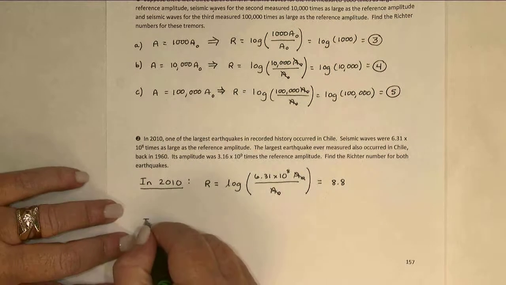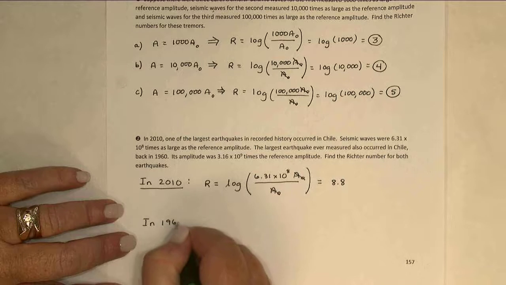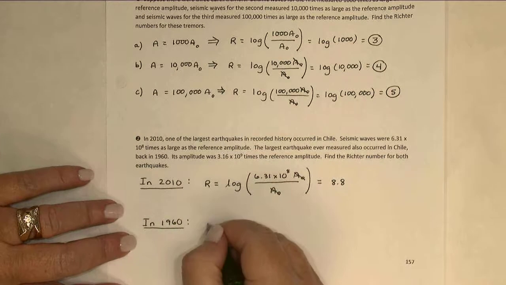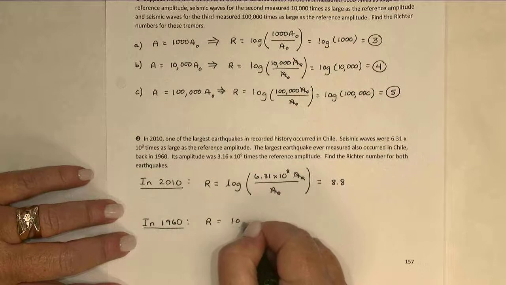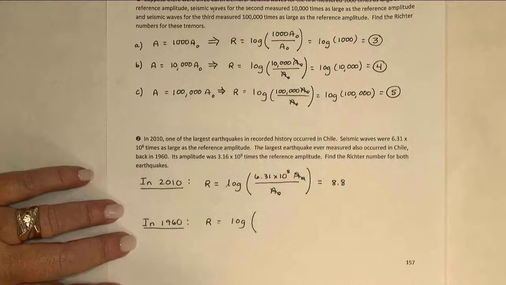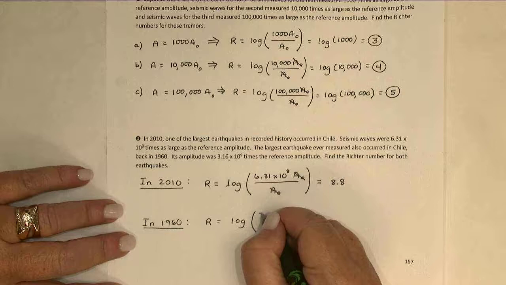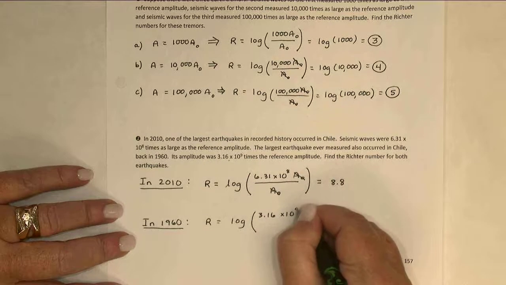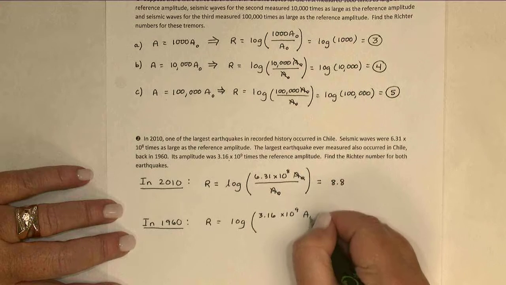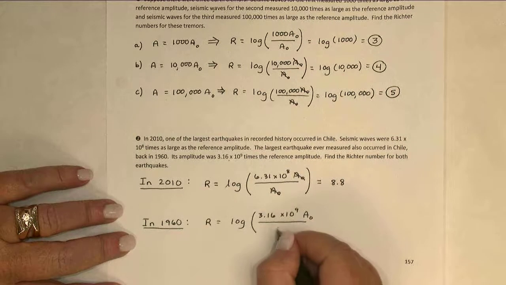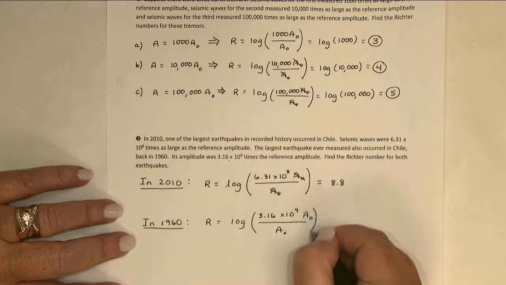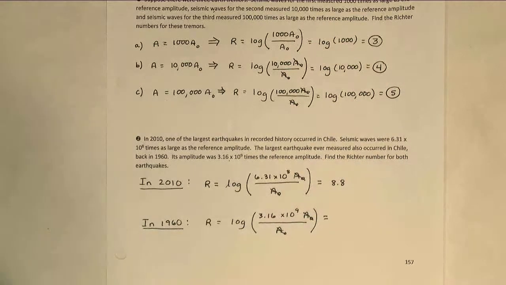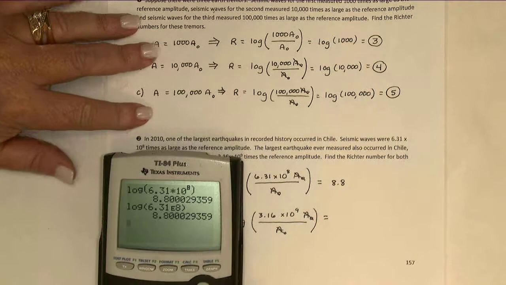What about if we go back to the 1960 earthquake? To calculate the Richter number, I take the log of the amplitude, 3.16 times 10 to the 9th times the reference amplitude, A naught, over A naught. And then once again, I need my calculator to do the calculation here.